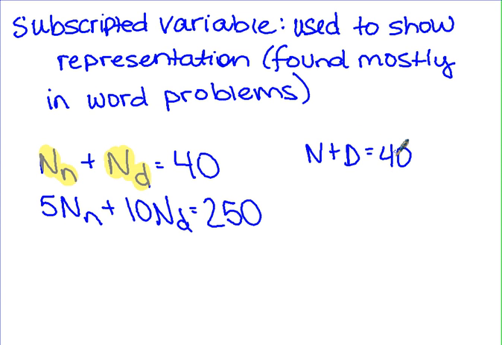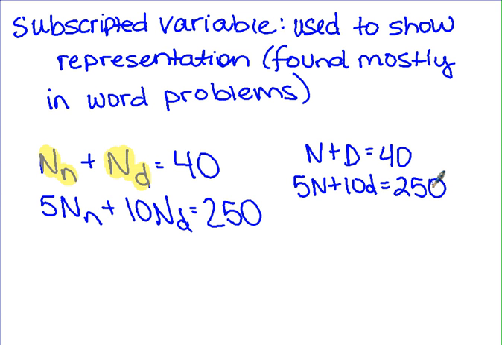And instead of having 5 times the number of nickels plus 10 times the number of dimes, I'm just going to have 5n plus 10d equals 250. This way I'm only dealing with one variable instead of the subscripts. So subscripts are just used to show representation. I would recommend, encourage, tell you that you need to go ahead and just simplify to one variable.